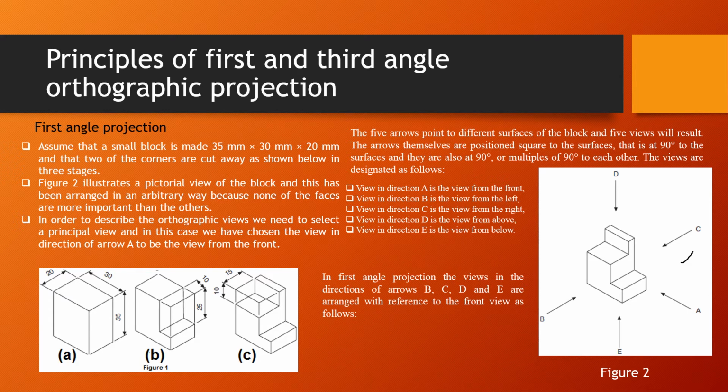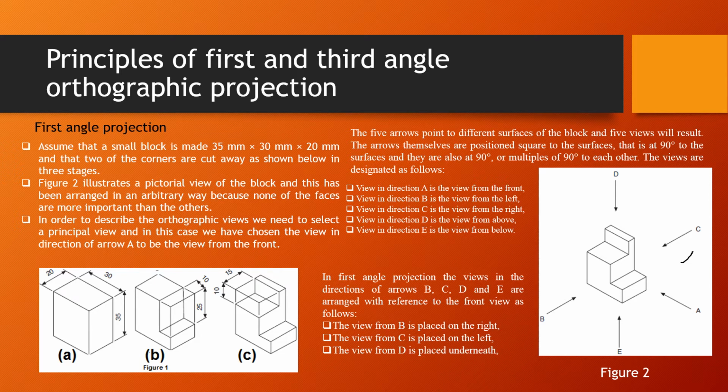Okay, in first angle projection, the views in the direction of arrows B, C, D and E are arranged with reference to the front view as follows. The view from B is placed on the right side. We are drawing the B view on the right side, and the view of the C side we are placing on the left side.